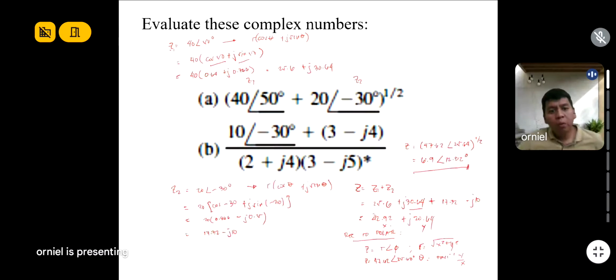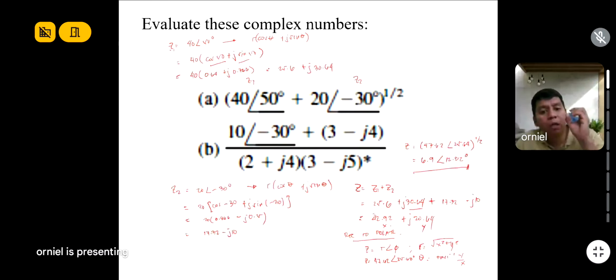So that is our final answer. You can see the stepping; you cannot directly get 6.9 angle 12.82 in one go on the calculator. That's why we go from rectangular to polar to exponential.